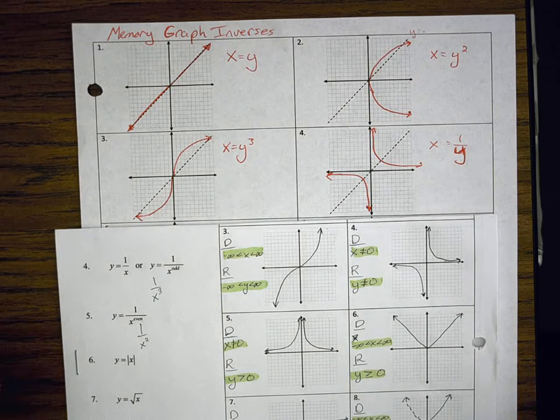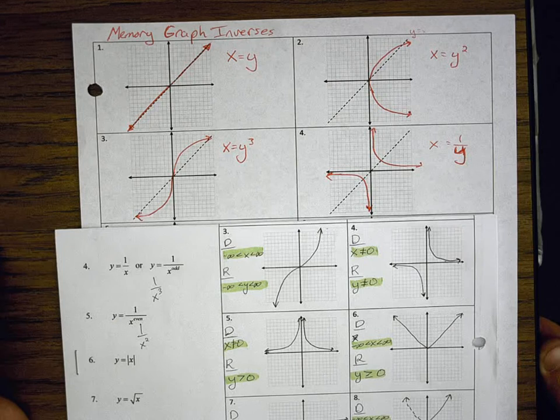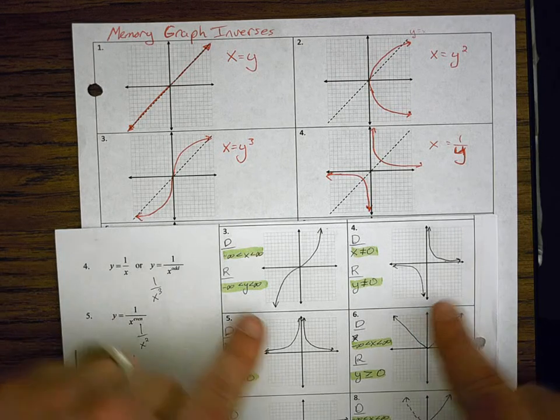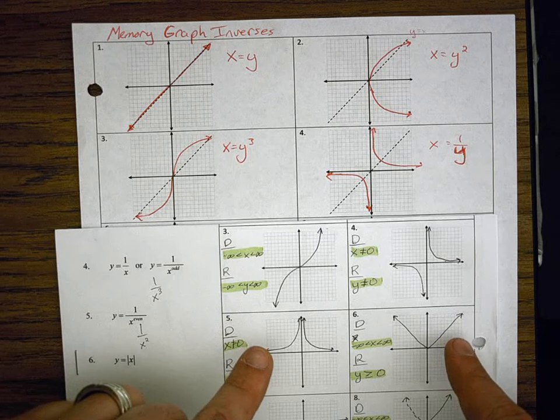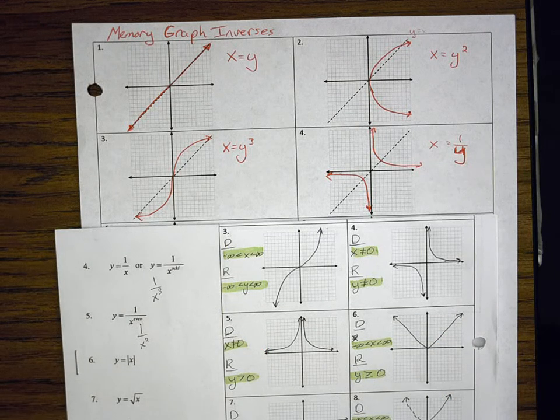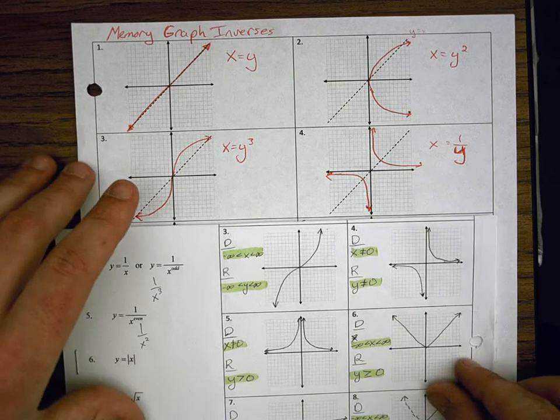Okay, in 10 seconds I'll move it up. And we don't need to know the domain or range? Only the domain or range of these ones. Oh, which one? On your memory graph worksheet. 5 and 6. Yeah, which I actually put up earlier and told everybody to copy down. So if you need them, just come to me later.